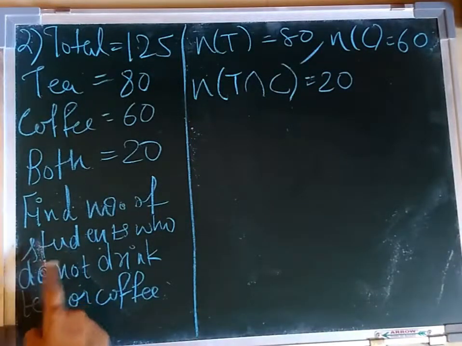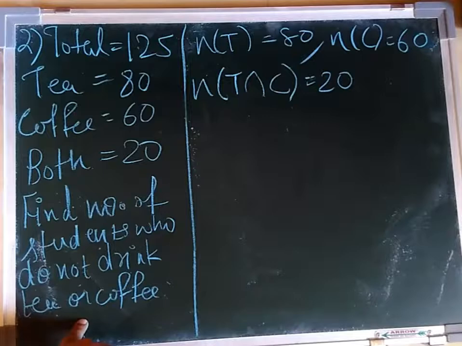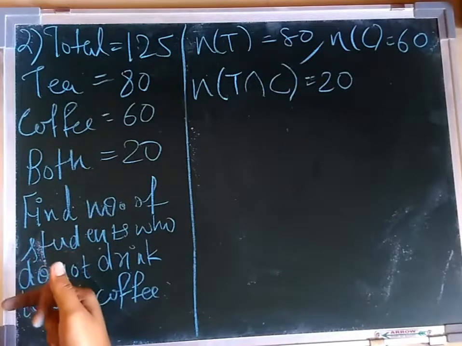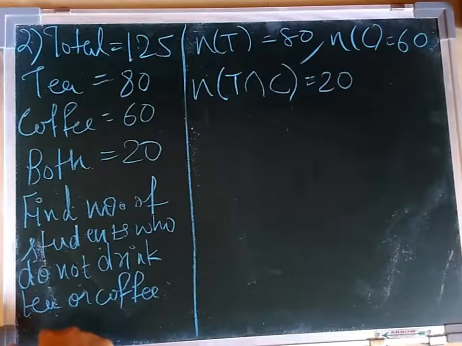Now we need to find the number of students who do not drink tea or coffee. That means first we will find the number of students who drink tea or coffee, and then we will find its complement, or the number of students in the complement set. That will give us the number of students who do not drink tea or coffee.